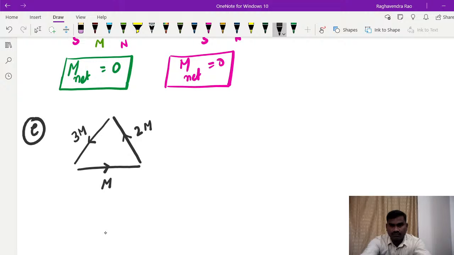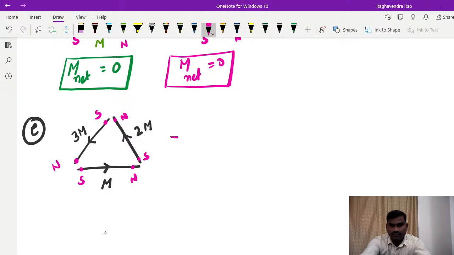What is the net magnetic moment of this combination? We need to find it. These are the sides of an equilateral triangle. As usual, this is south pole, north pole, south, north, south, north.